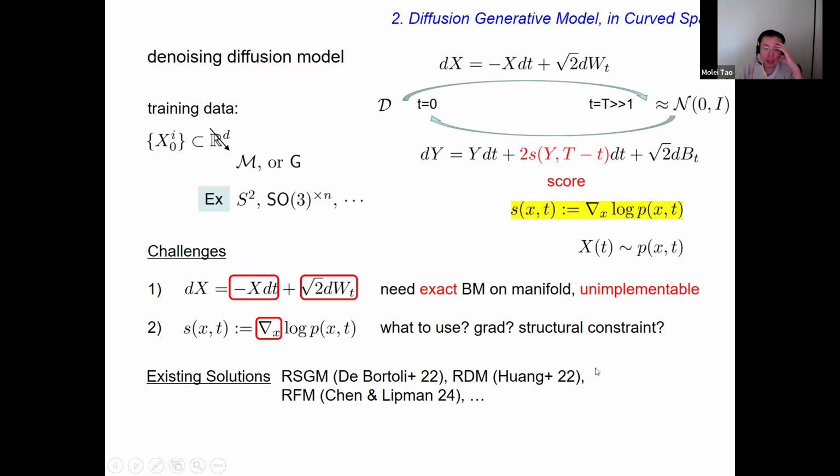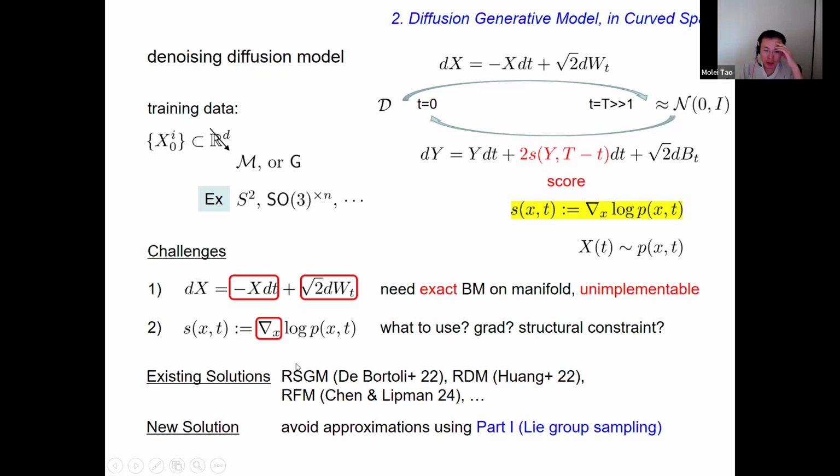That do similar things. And then there is a slightly different approach called Riemannian flow matching, which is actually one of the strongest methods so far. This was a best paper award nominee at ICLR this year.